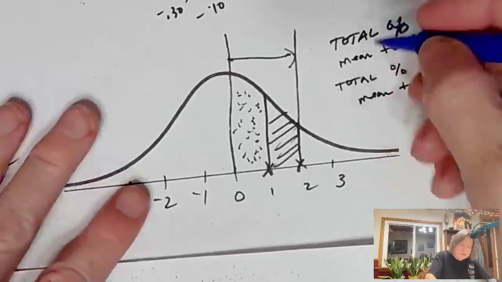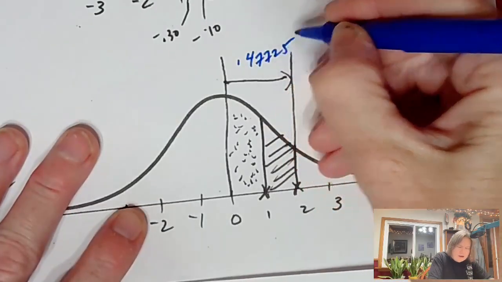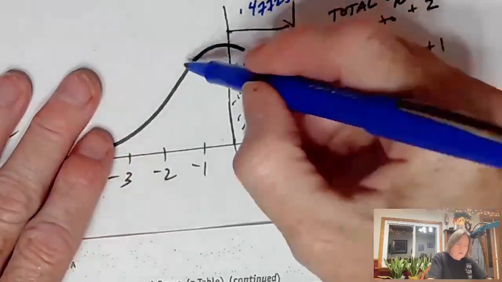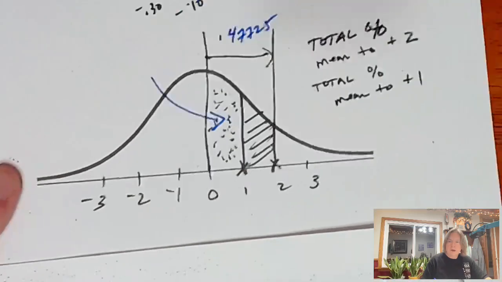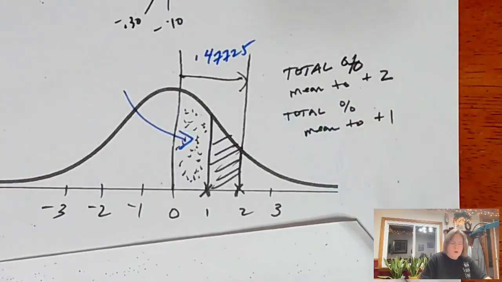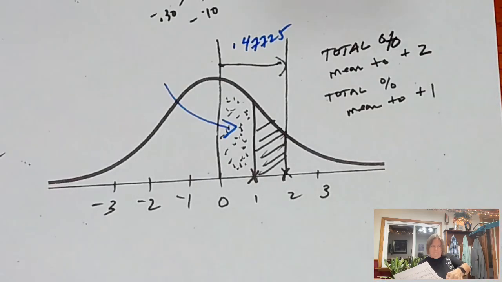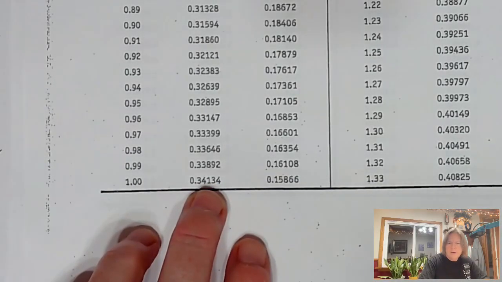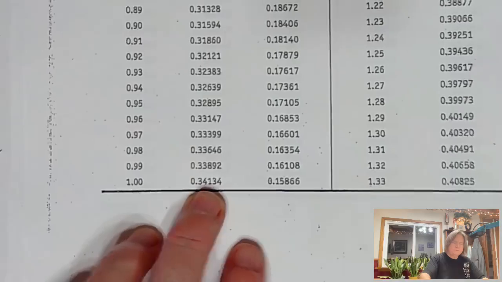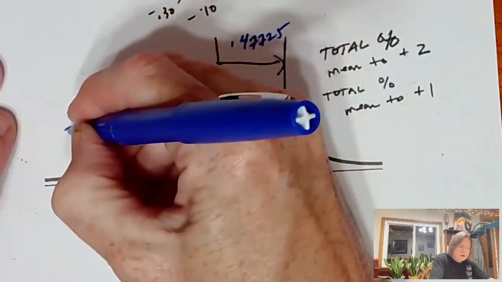That is this whole value. Now we need the value between the mean and 1, the total of mean to 1. Going back over here, between the mean and 1 is 0.34134.